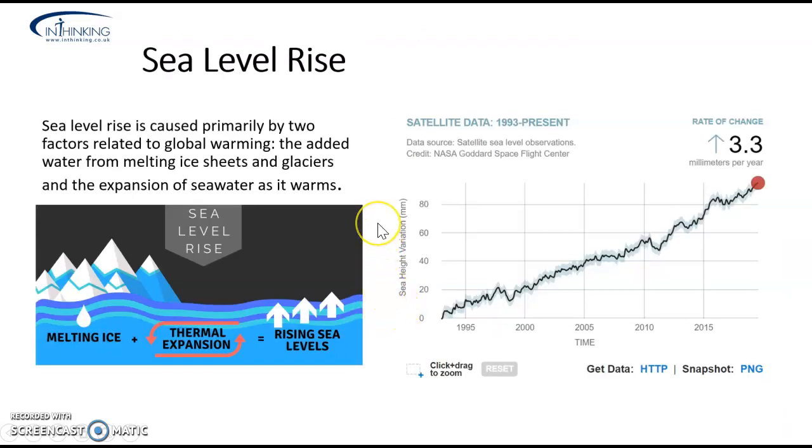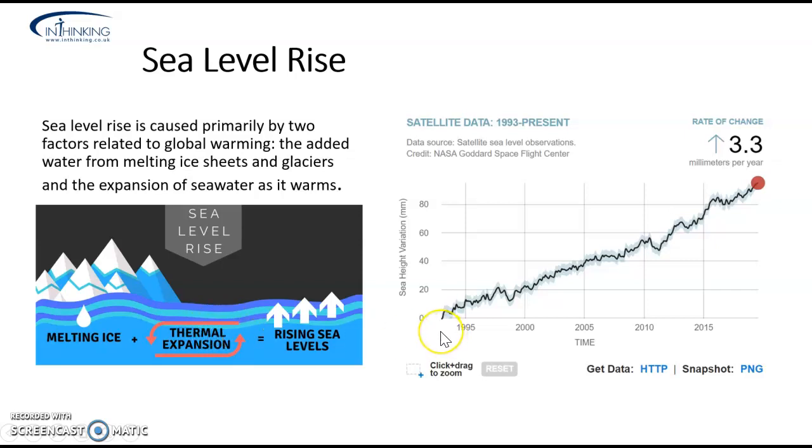So if water in storage is being lost within the hydrosphere at the cryosphere, it's being gained within our oceans. So sea level rise is caused by two factors. It's that meltwater, but the largest factor is thermal expansion. So as the ocean temperature warms, the ocean expands, leading to sea level rise.